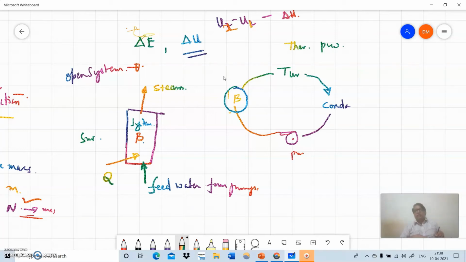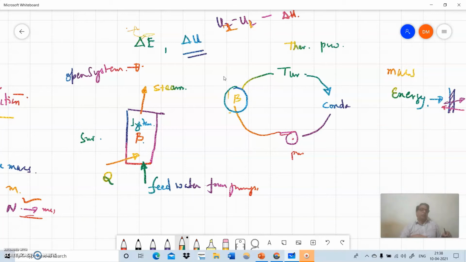There are two things: one is the mass transfer, and the other one is the energy. Energy transfer will always be there across its boundaries, either from the system to the surrounding or from the surrounding to the system.